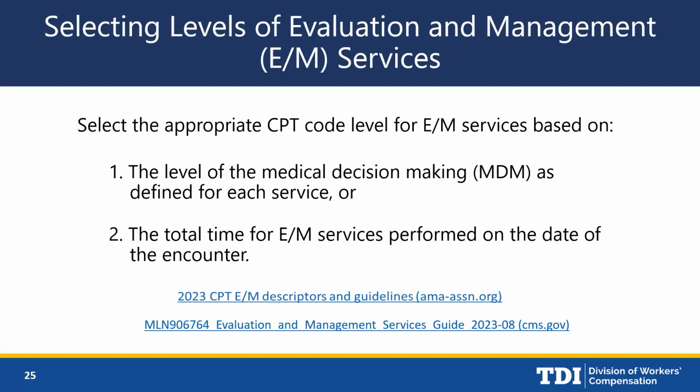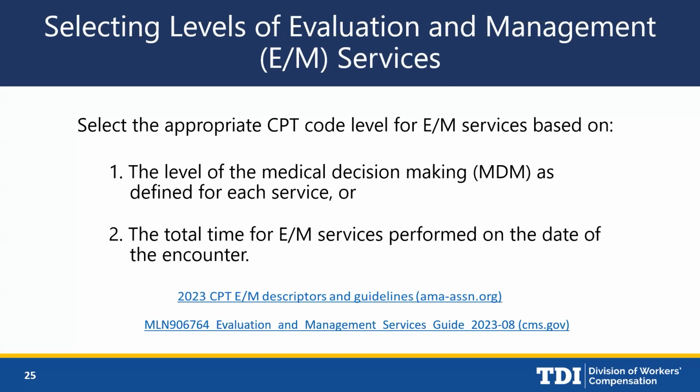We want to make a special note here. Oftentimes we get calls in Comp Connection that say, we've billed out 99215. That's an advanced evaluation and management or office visit. And the carrier questioned it and wants us to down code and choose another code. A couple of comments about that.